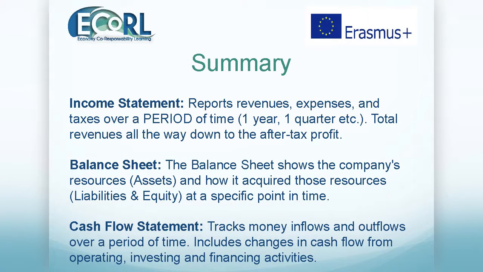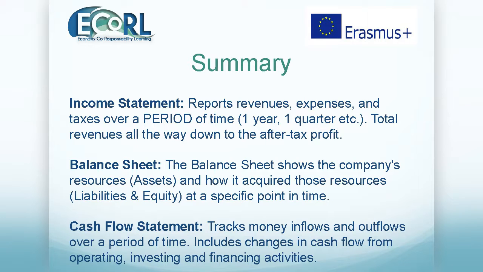So we are done with providing a quick overview of the three financial statements: the income statement, the balance sheet, and the cash flow statement. Just to provide a review of what these statements mean, a sum up. The income statement reports revenues, expenses, and taxes over a period of time, like 1 year, 1 quarter, 1 month, etc. And it begins with total revenues all the way down to the after-tax profit or net income.